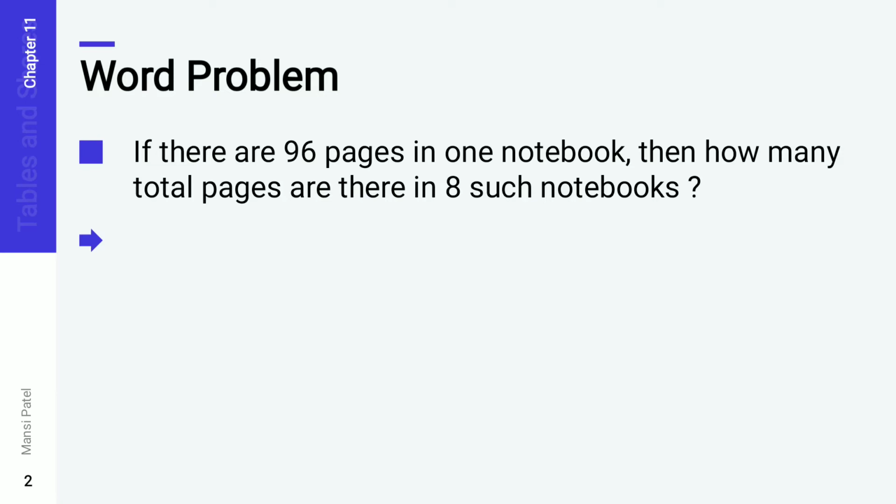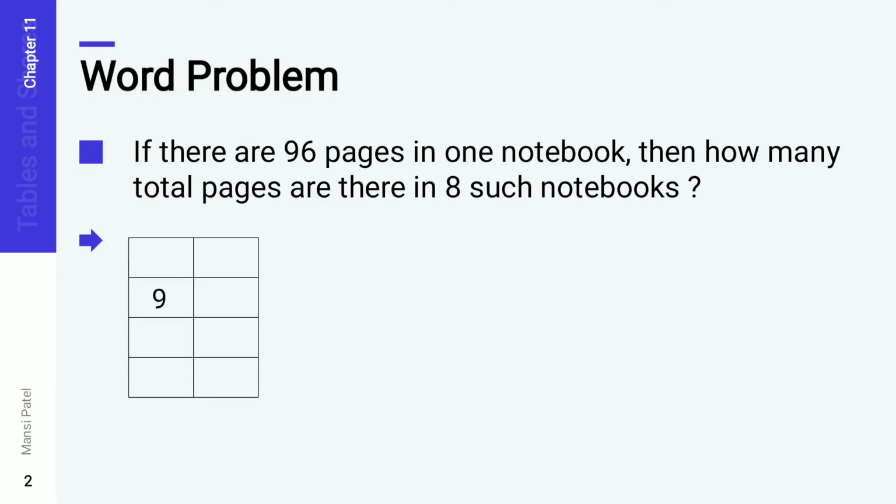So what we have to do? In this case we have to do the multiplication. So the big number you have to write down first, and then the small number. So your big number is 96. So we have to write down 96 multiplied by 8.